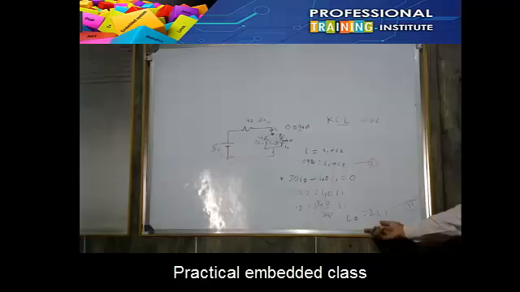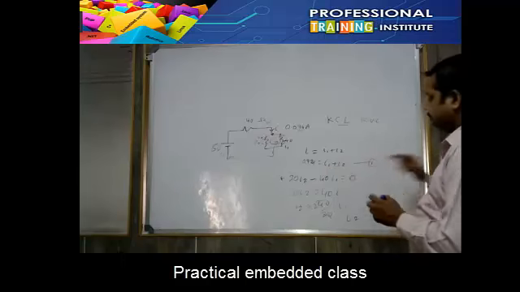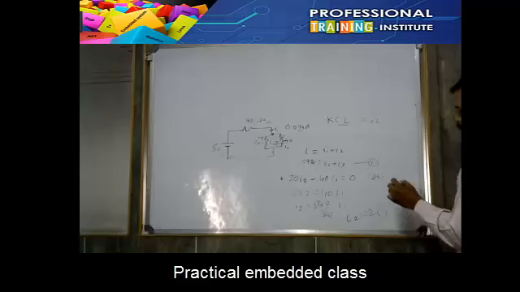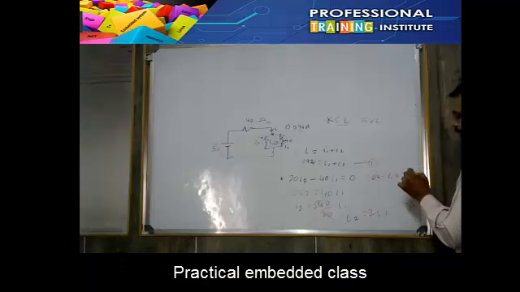So we have this equation and this equation. This value of I2 we can put here. So how will this equation become? 0.094 is equal to I1 plus 2I1.